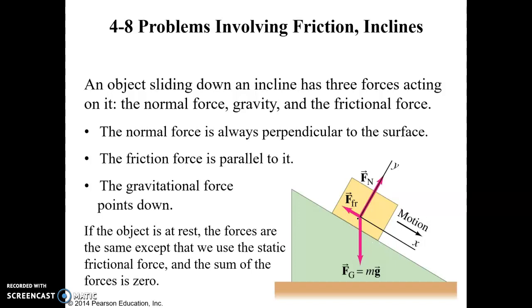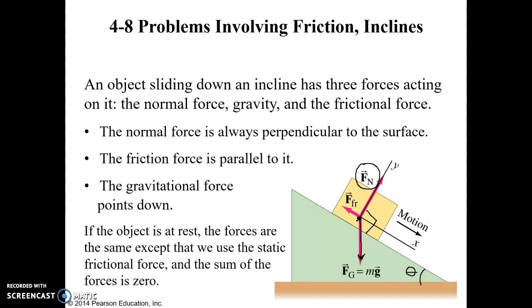And gravity is going to pull straight down, regardless of the slope of the ramp. Whether it's on a steep ramp or a shallow ramp, it doesn't matter. Gravity always pulls things straight down. Now, the normal force is affected by the incline of the ramp because the normal force is always perpendicular to the surface.